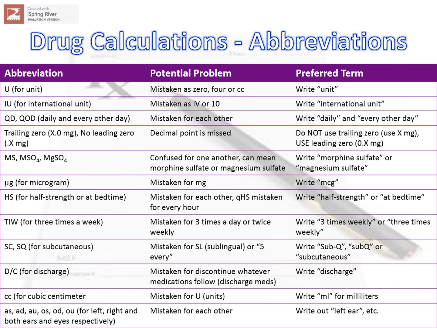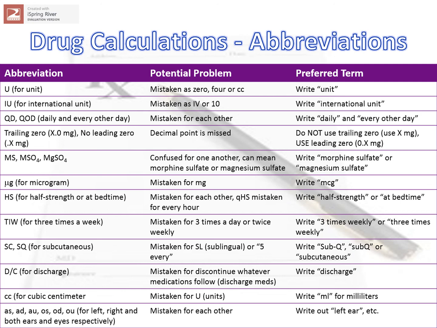Okay, now the Joint Commission has put out some abbreviations that should not be used anymore. They used to be used, and now it's been found that they cause medication errors through confusion. So this is a list of them. I'm not going to go over them. You can look at them, write them down, read them, whatever you need to do.